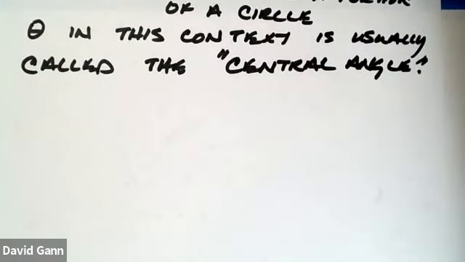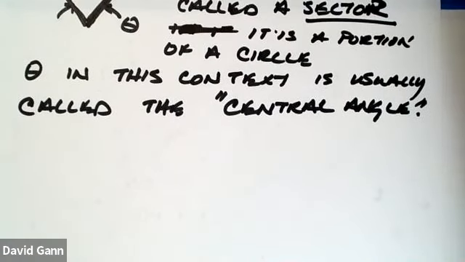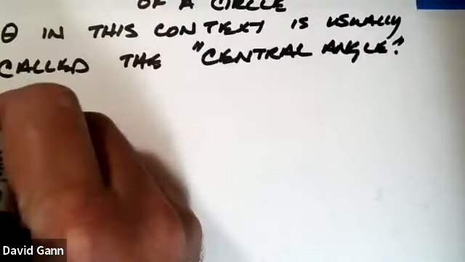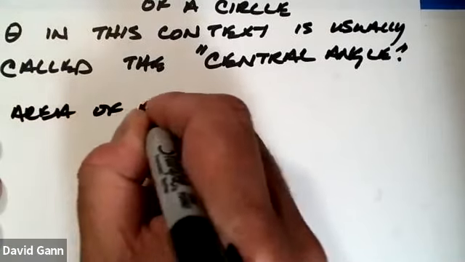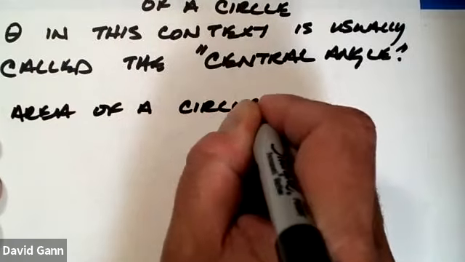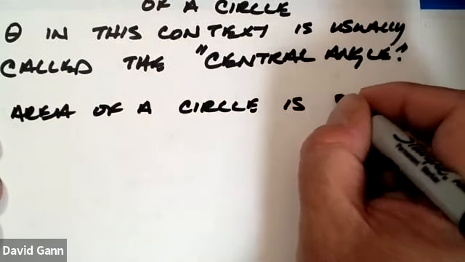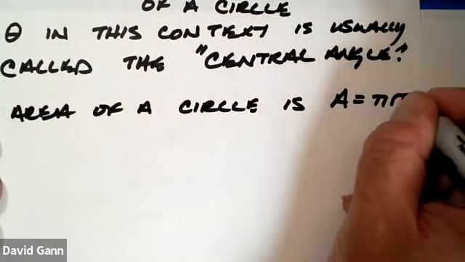So there is a relationship between the central angle and the area. But I want you to go back a second and recall what the area of a circle is. If you remember, the area of a circle is A equals pi r squared.